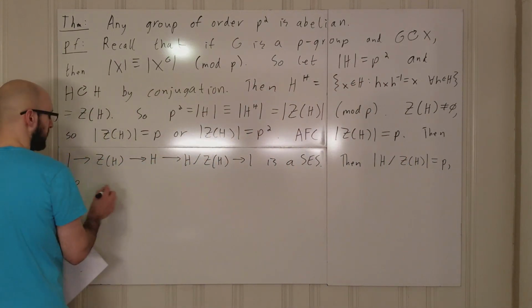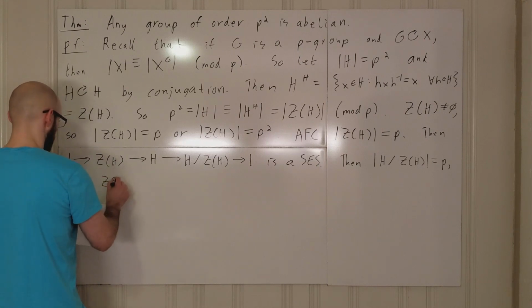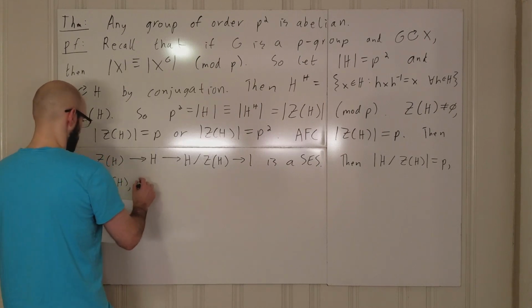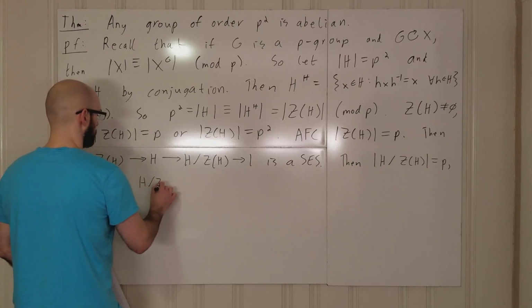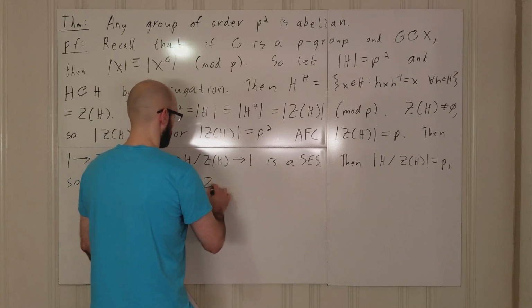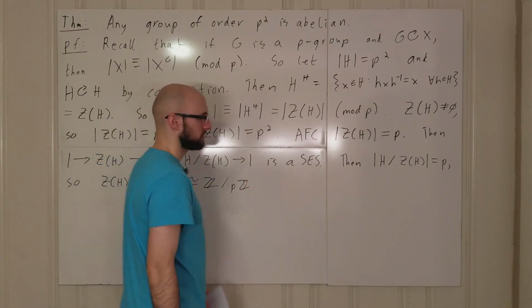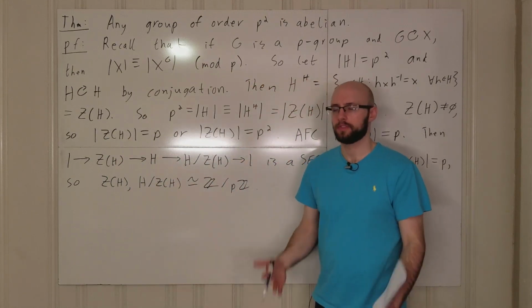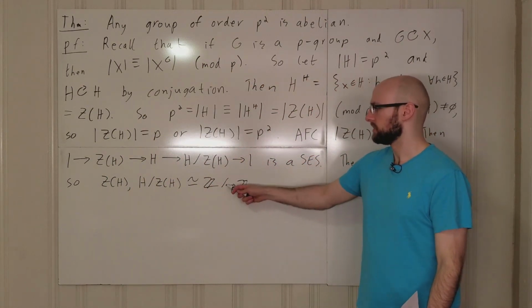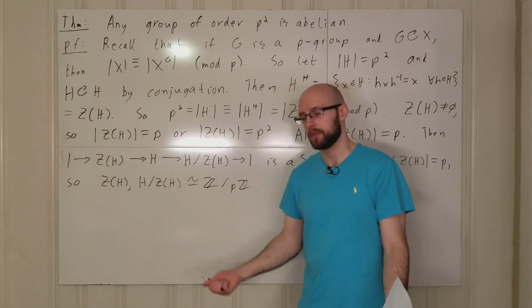And so we have the center of H and H mod the center of H are both isomorphic to Z mod pZ. And that's because there's only one group of size p, and that's Z mod pZ, the cyclic group generated by an element of order p.